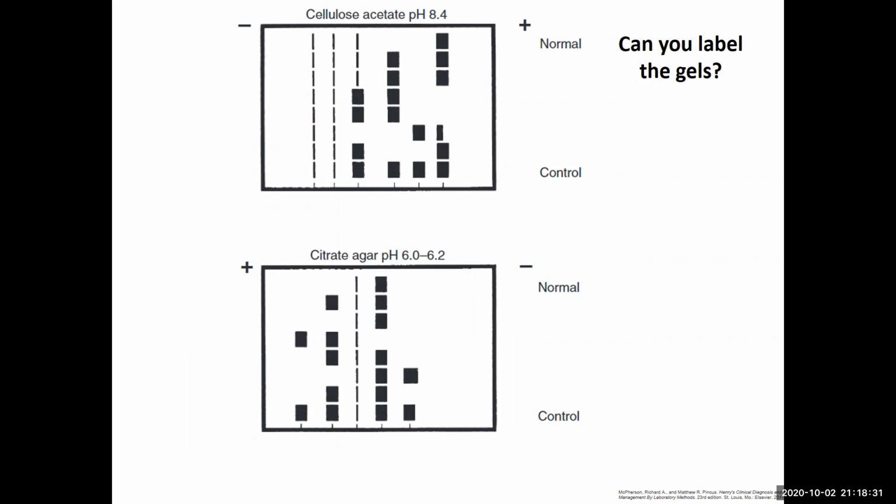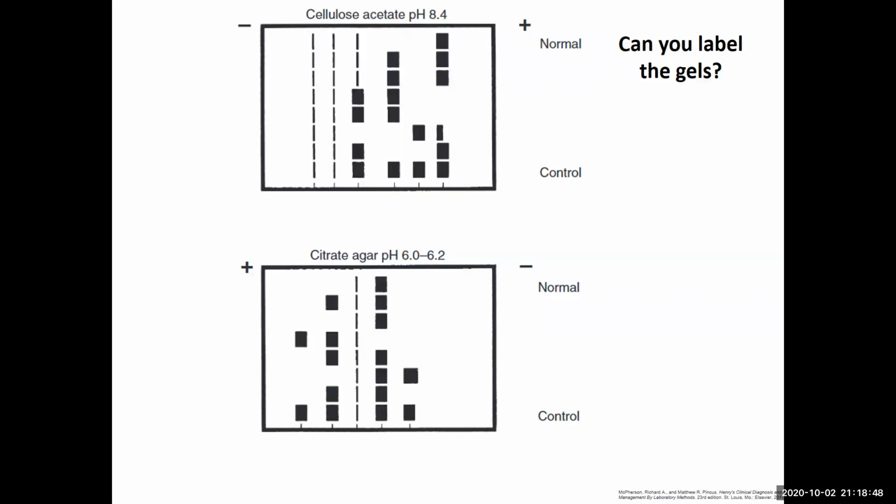So I talked to my friend last night, and according to this person, you will get a gel with a control and no labels. So we will have to know the order of the labels.